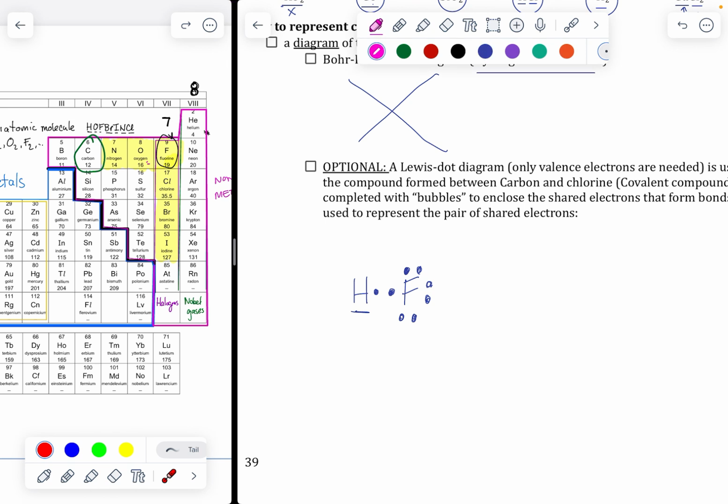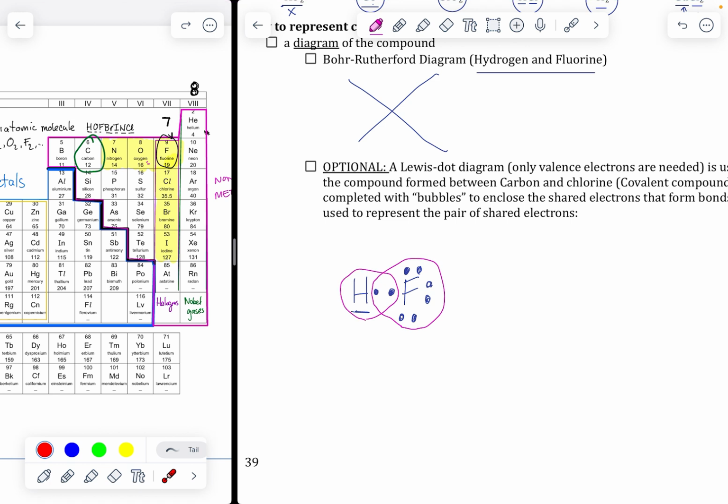So if we circle up the electrons, we say fluorine has these electrons, and we say hydrogen has these electrons, and then we have to make sure that they have the right number of electrons in their circle to have a full valence energy level.